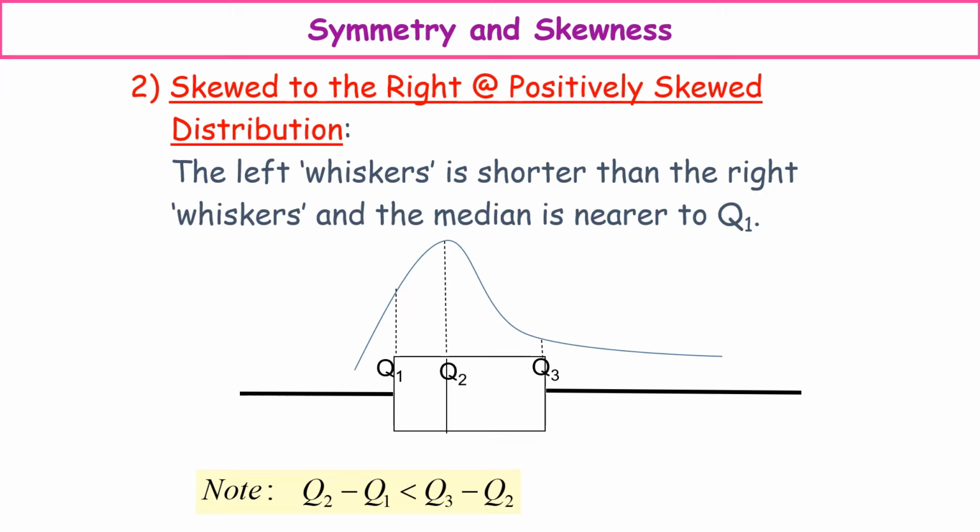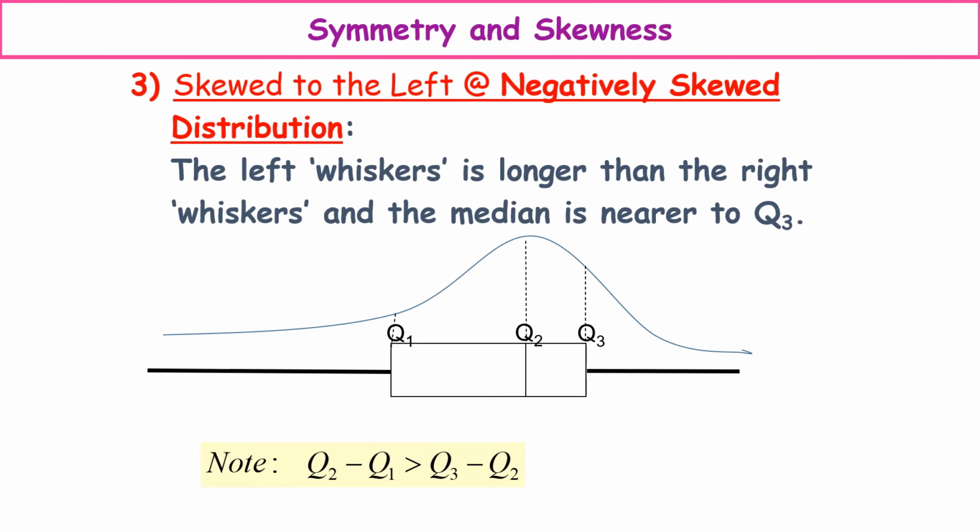Note that Q2 minus Q1 is smaller than Q3 minus Q2. When the left whisker is longer than the right whisker and the median is nearer to Q3, we say this is skewed to the left or negatively skewed distribution. Note that Q2 minus Q1 is larger than Q3 minus Q2.